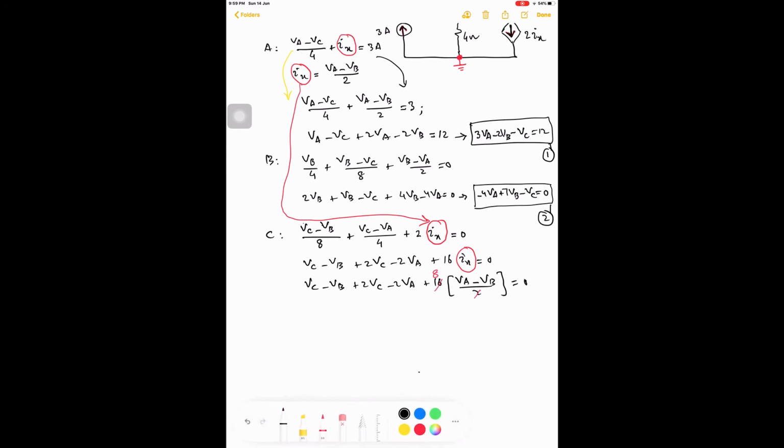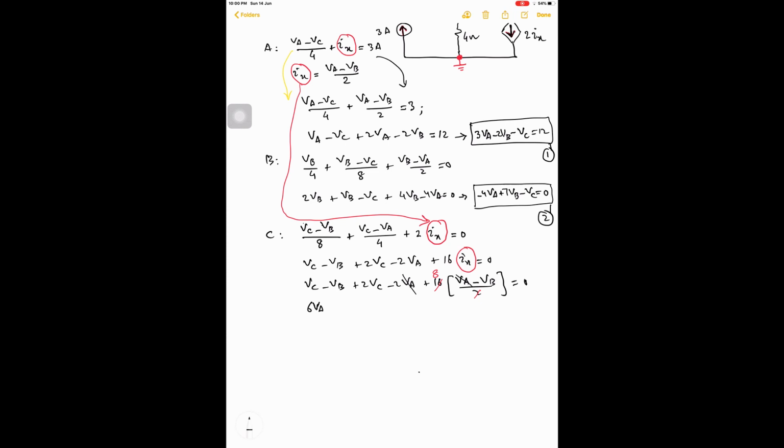And now, writing this equation, first of all, I'll see where VA is. So this is VA minus 2 and this is 8 VA, so I have 6 VA.